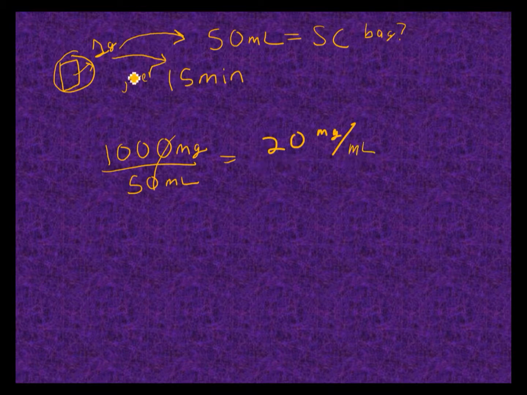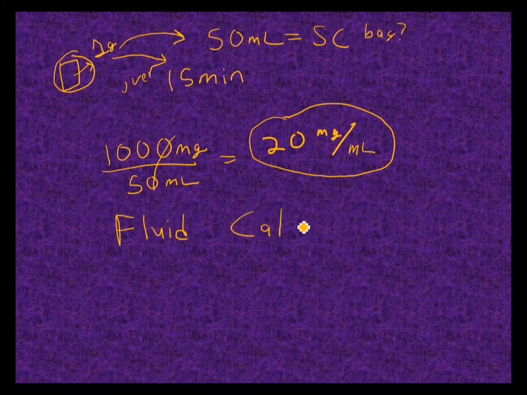Now they tell me they want me to give the whole amount of medicine over 15 minutes, which means they want me to give this 50 milliliter bag over 15 minutes. It does not matter what this is on this type of calculation. This is not important right now. What's important is they're telling me they want me to give it all over 15 minutes. That's a fluid calculation. Remember, we just got through talking about that one in the last video.